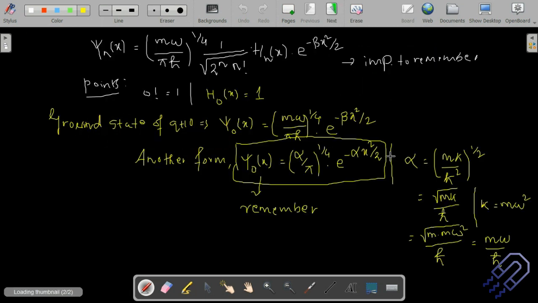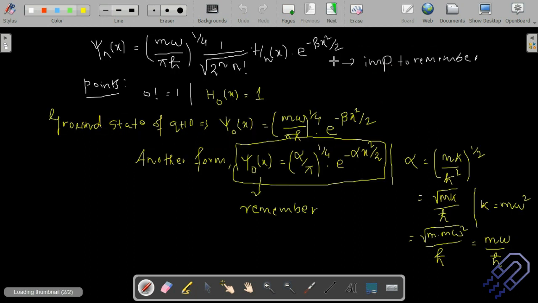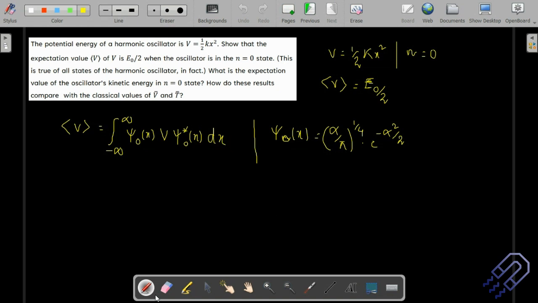So we have seen it. Okay, I kind of don't remember everything. This is alpha by pi. So I can take this as alpha divided by pi to the power 1 by 4 into e to the power minus alpha x square divided by 2.